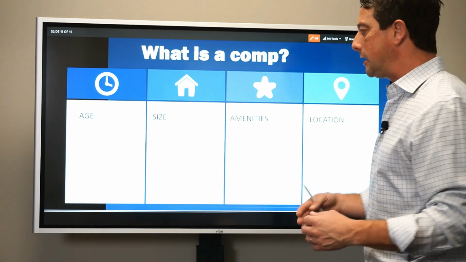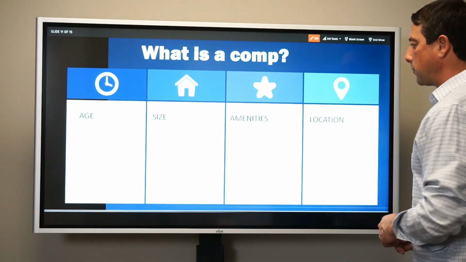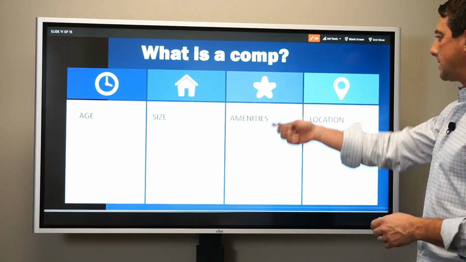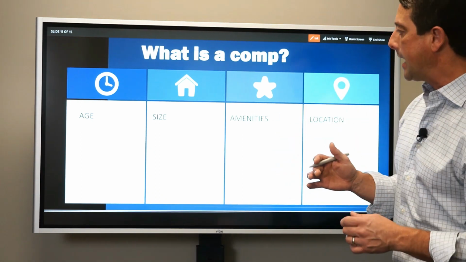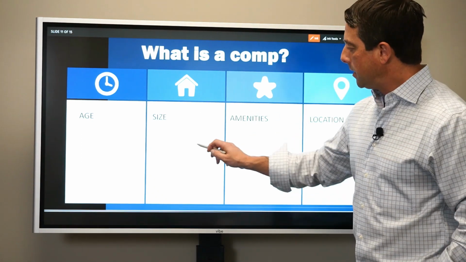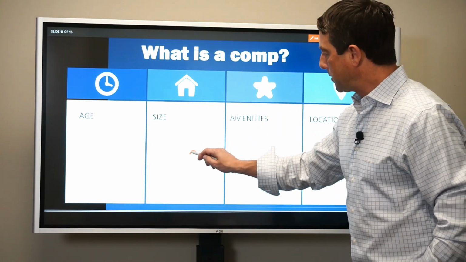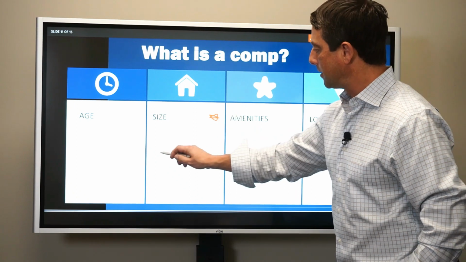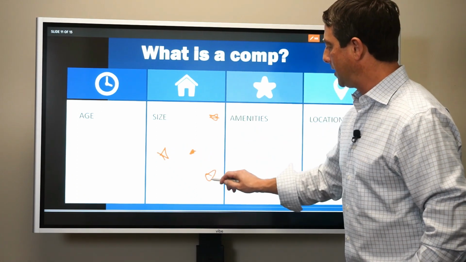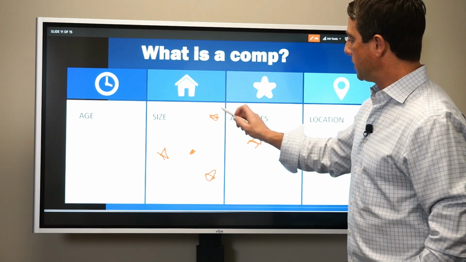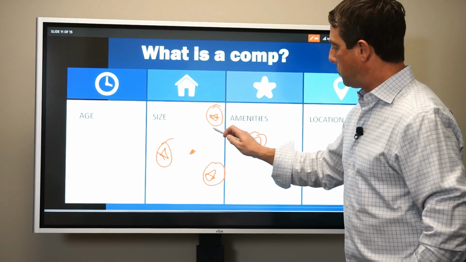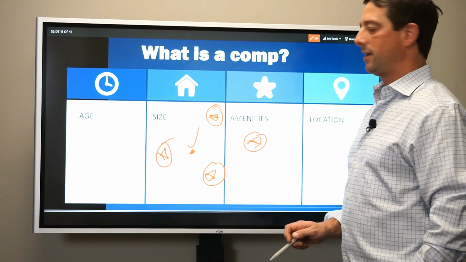This is what I see going on a lot of times when working with realtors or looking at property packages. Not picking on realtors, but you may have a property right here, and then the realtor shows you some deals that are here and here and here and one over here, because these properties really justify you paying that price for this property.